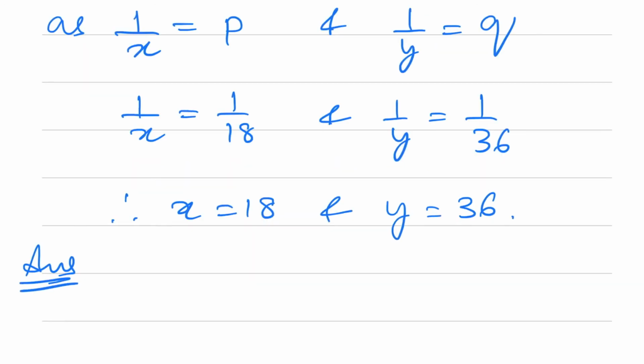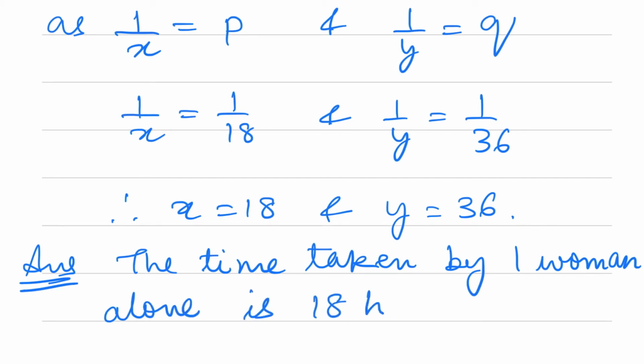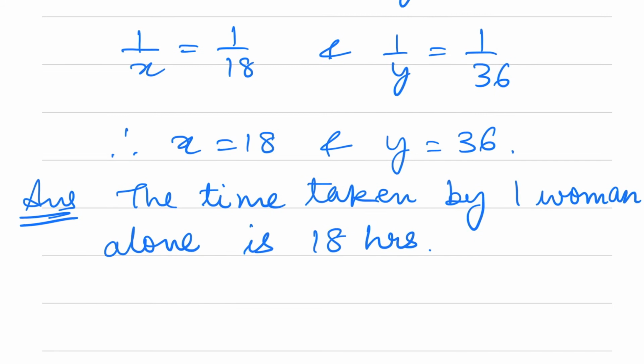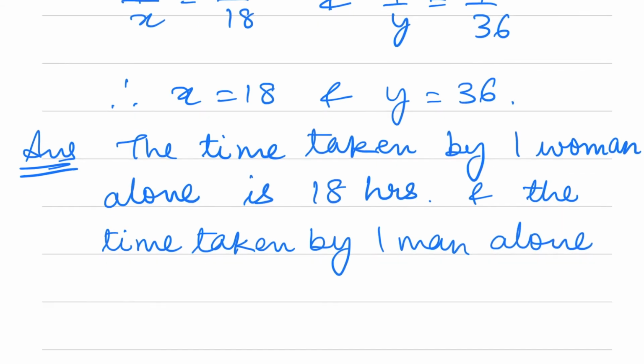Answer we can write down as the time taken by one woman alone is 18 hours and the time taken by one man alone is 36 hours.